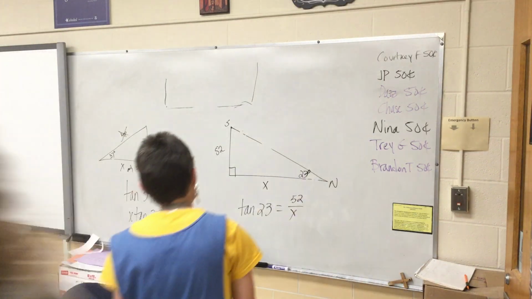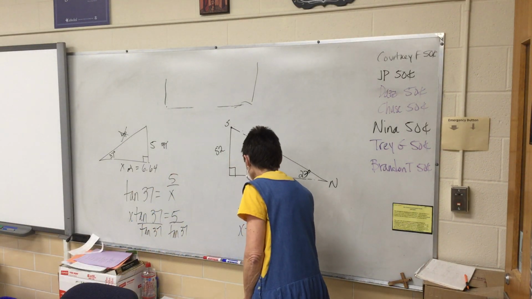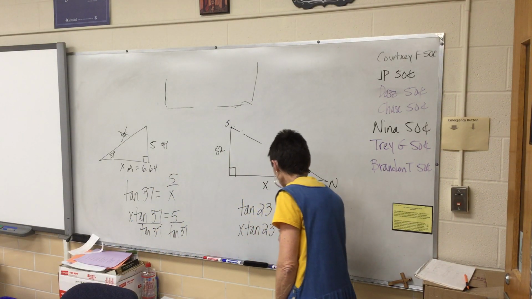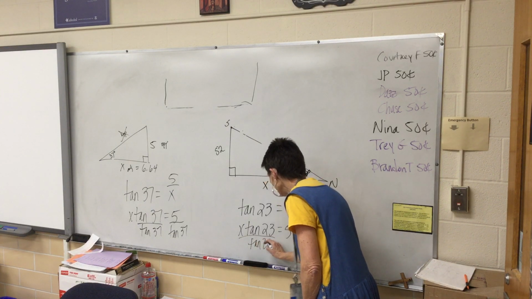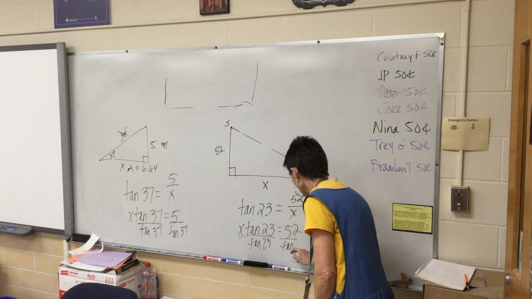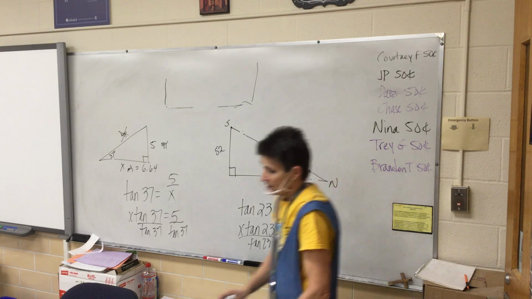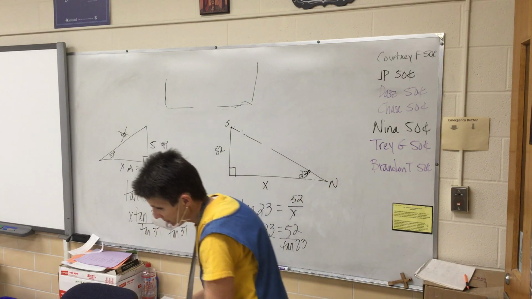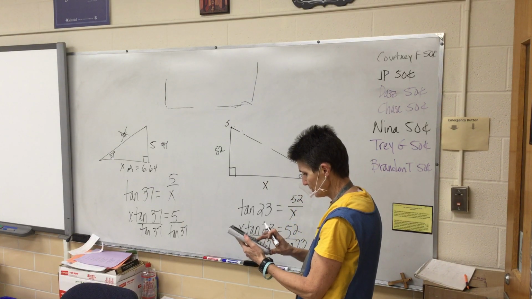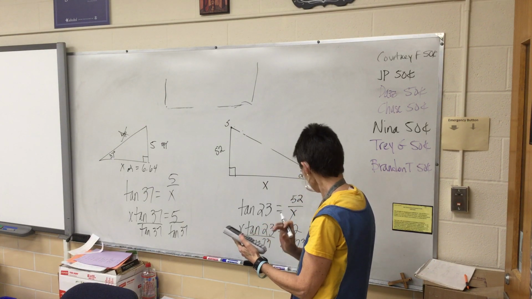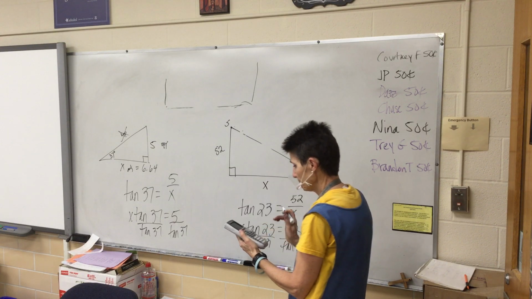Multiply by x, and then I'll divide by tan 23. So how far is the nut from the base of the tree? 52 divided by tan 23.